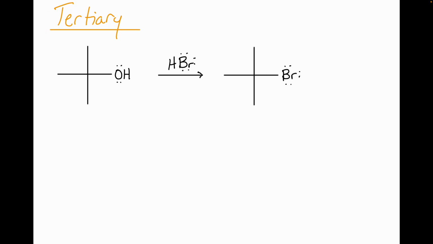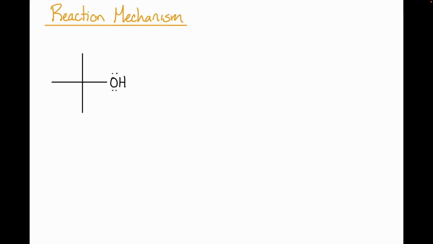Okay, and unlike our primary or our secondary, we're actually going to go ahead and look at our reaction mechanism for these. All right, let's see if we can reason through our mechanism here a little bit, looking at these two molecules, trying to predict what's going to happen here.